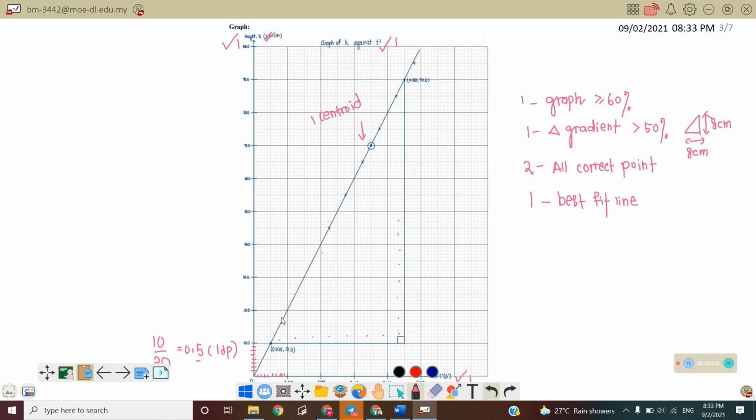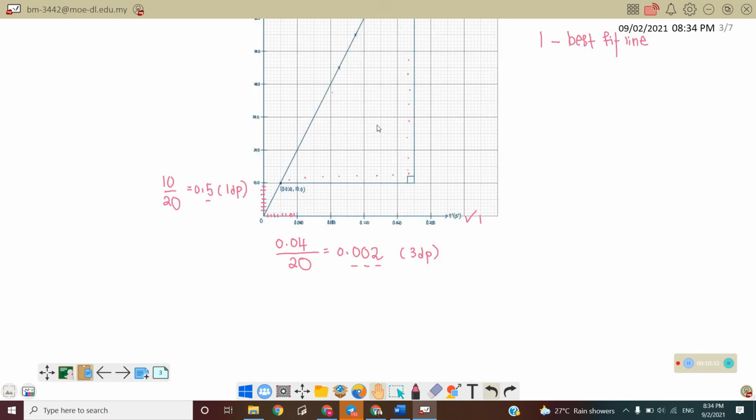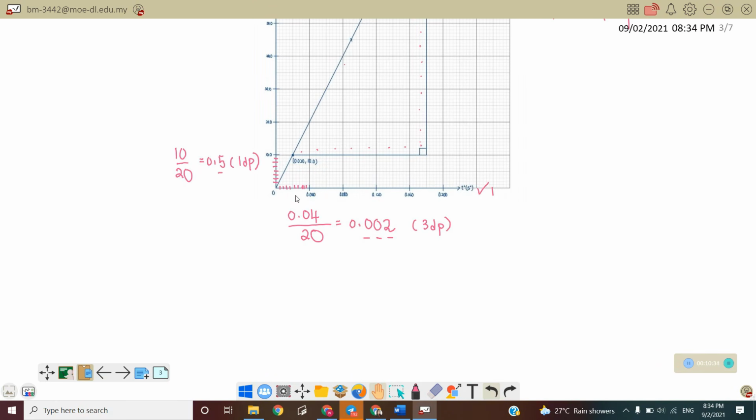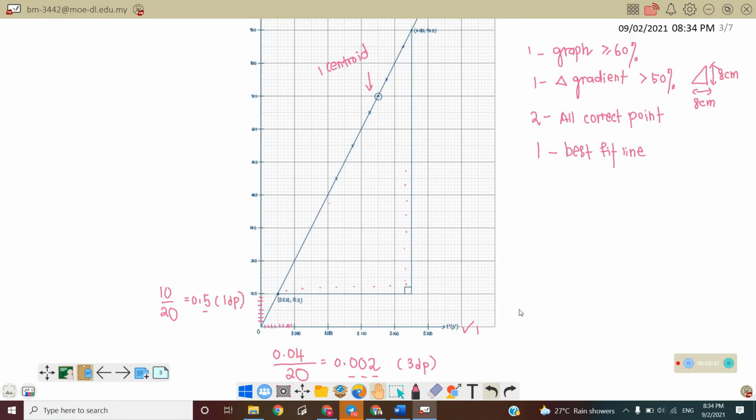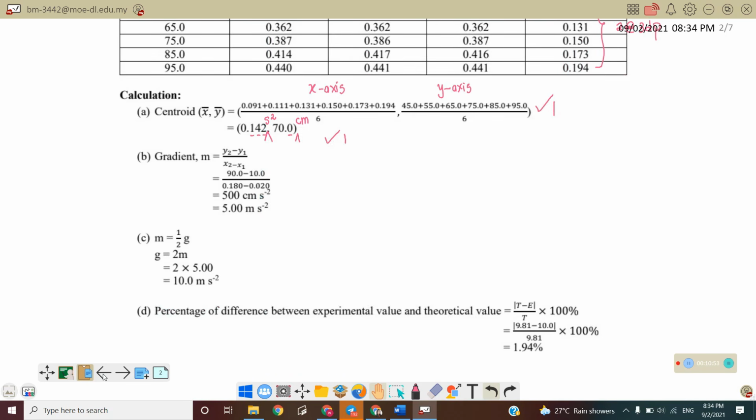Okay, so we go back to just now. Remember for t square we can read until 3 decimal places, and for the y-axis, h, we can read 1 decimal place. So based on the gradient that we plot, we go back to the calculation part.